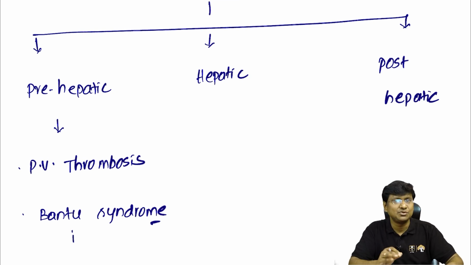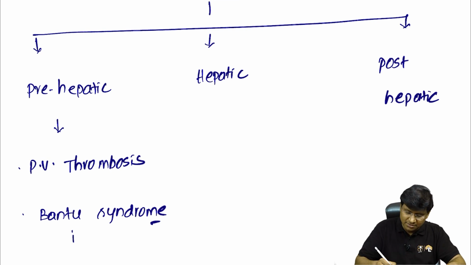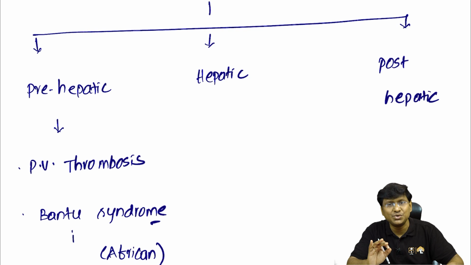And in this syndrome there is iron overload. This is very common in the African countries, and it is due to consumption of local beer which is stored in iron utensils. That is your Bantu syndrome or Banti syndrome, right?